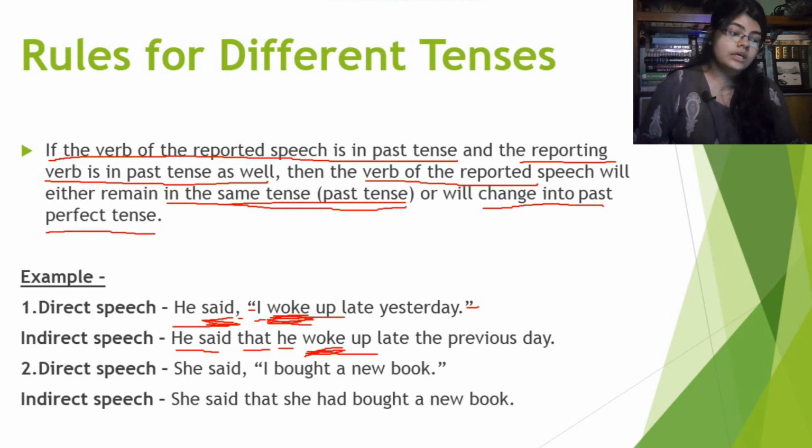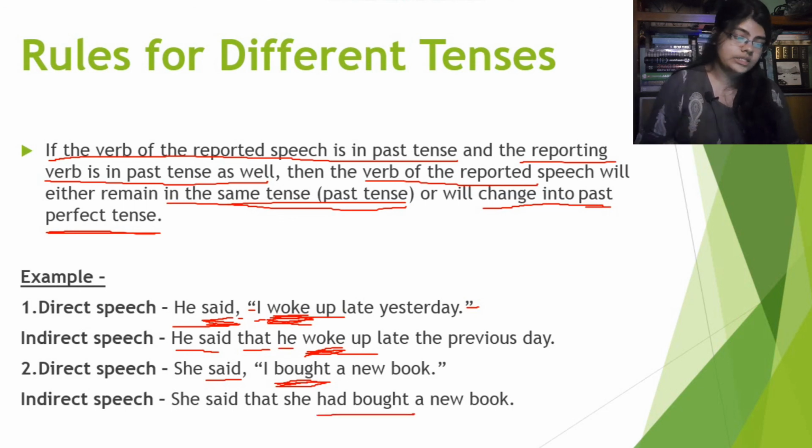See, here the reporting verb is in past tense and the verb of the reported speech is also in past tense. The verb is bought. Now, what happens? The second possibility is change into past perfect tense. The verb of the reported speech, which is bought, will be changed into past perfect tense. What is that? Had bought.